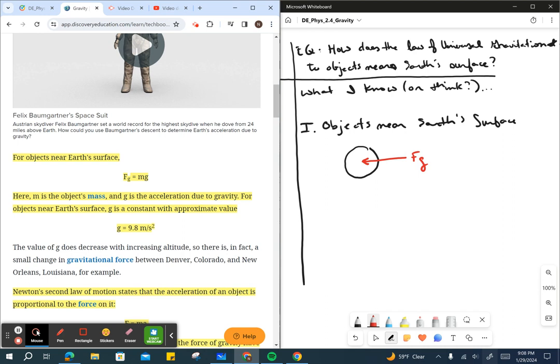For objects near Earth's surface, the force of gravity equals the mass times the gravitational force. This is very similar to this equation that we had done earlier. Force equals mass times acceleration.